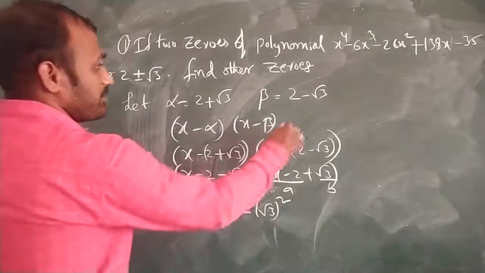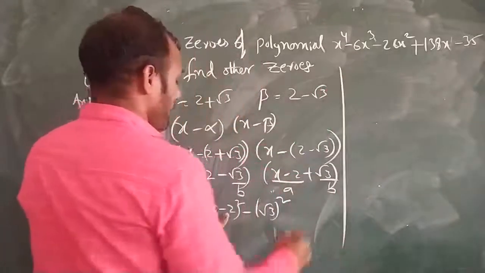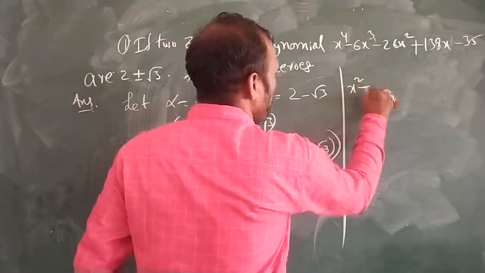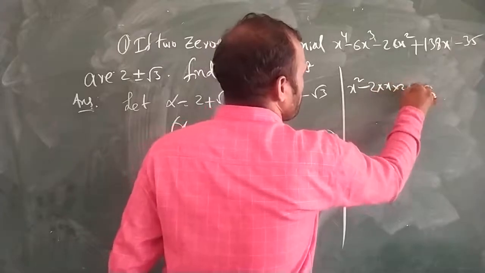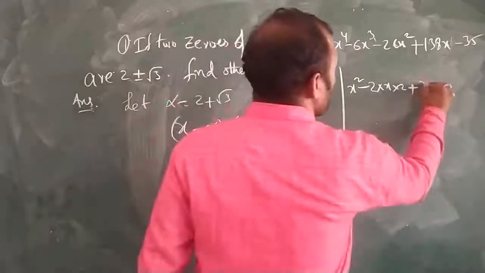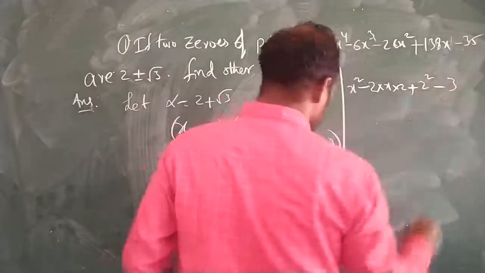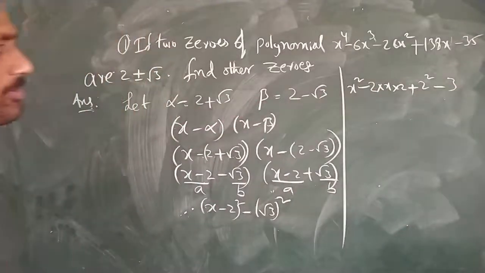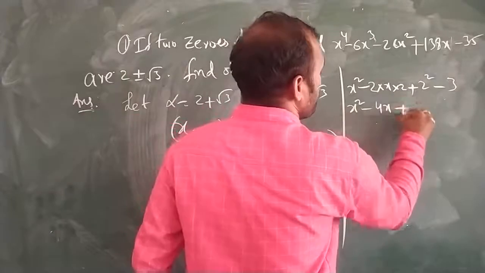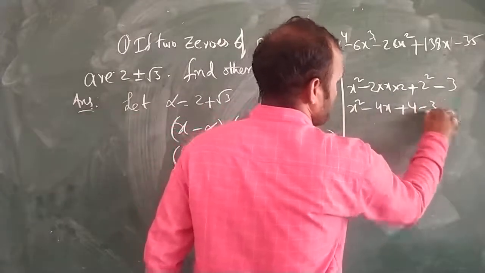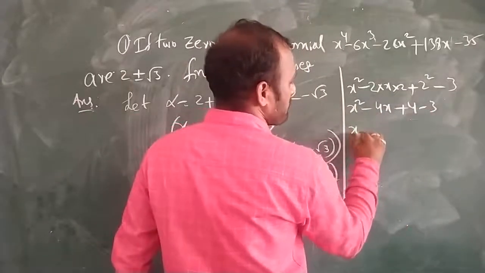A minus B whole square is A square minus 2AB plus B square, so x square minus 4x plus 4 minus 3. 4 minus 3 will be 1.